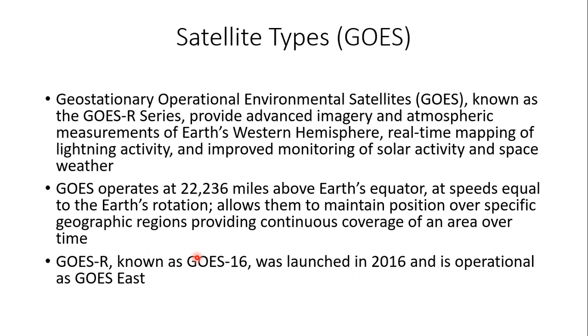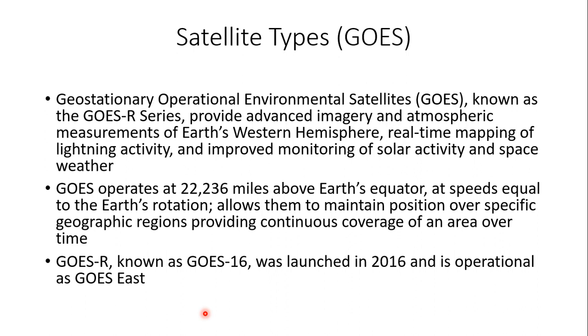And so you get the satellite to remain fixed above a certain latitude, longitude area. This allows GOES imagery to maintain that position over specific geographic regions, providing continuous coverage of an area over time to see what's happening with the weather.